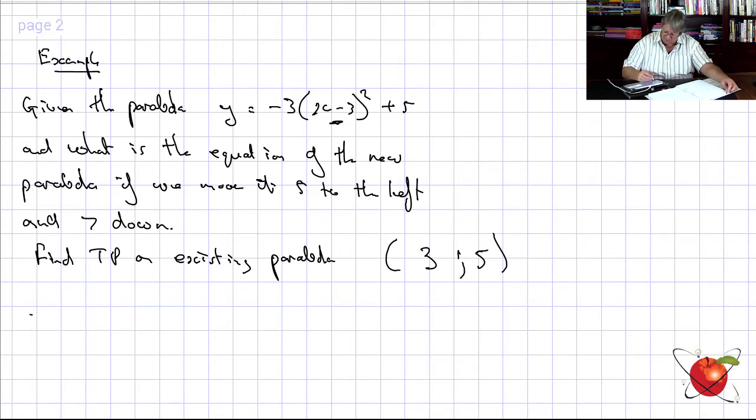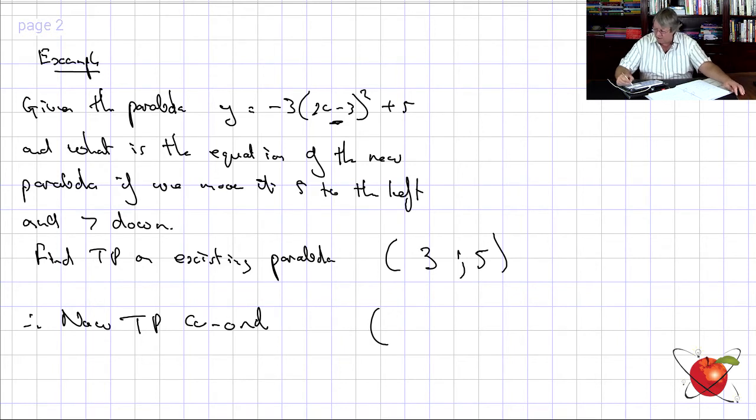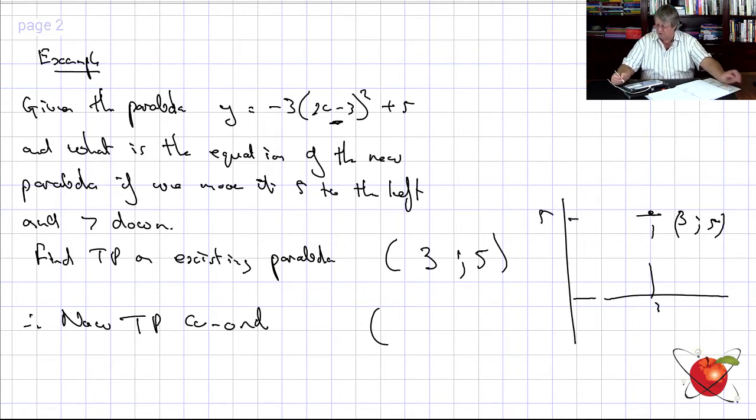So therefore, the new turning point coordinates are going to be, let's look, it's at 3 and 5. Okay, like this, isn't it? So that is 5, this is 3.